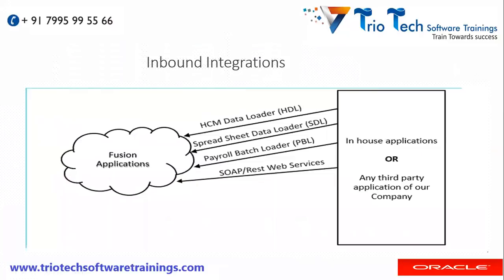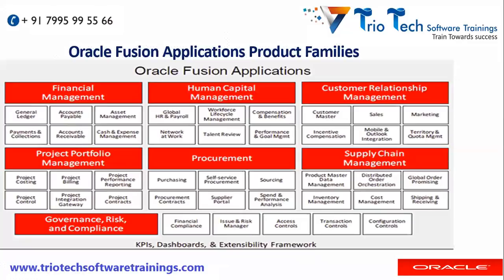Now, when we particularly talk about Oracle Cloud Fusion applications, an organization may not opt for all of the products. It may opt for one or two of the products. In this case, we have to have a wiring with a third party application.